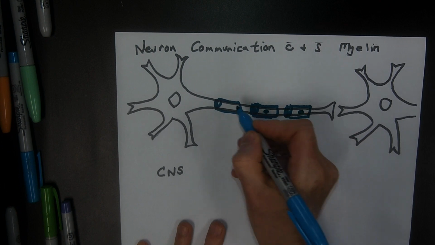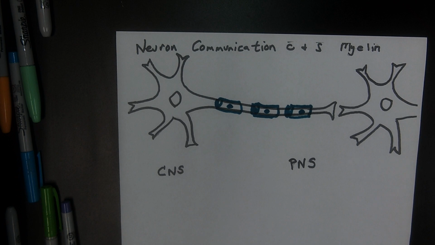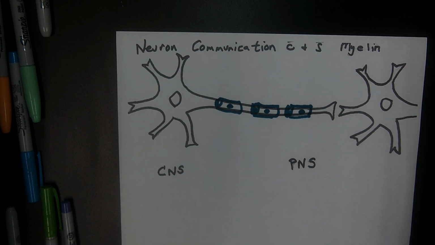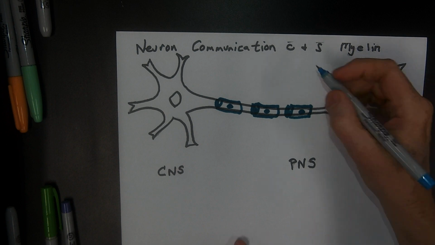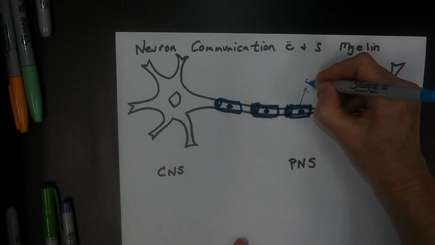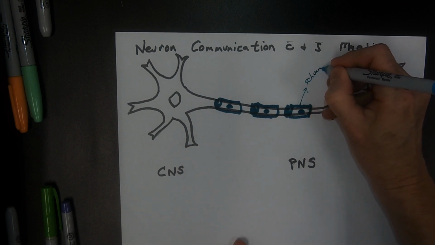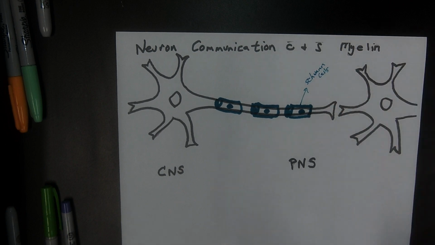And the same thing happens in the CNS. I'm just choosing to draw Schwann cells because I think they're easier to draw right now. These are just Schwann cells. If it were in the CNS, it'd be oligodendrocytes. Now we talked about this a little bit before.